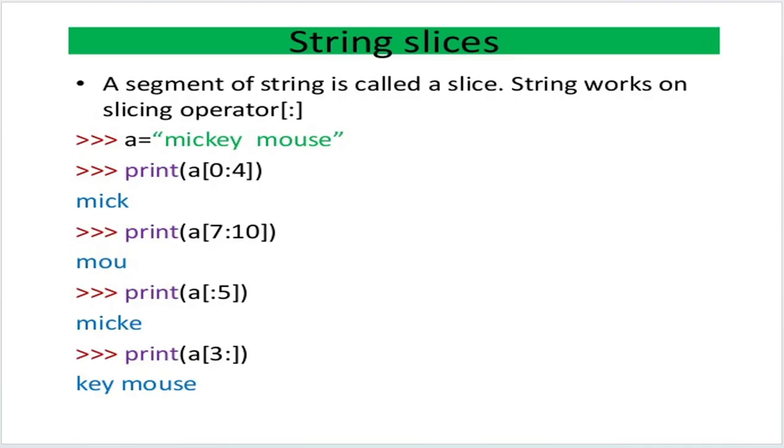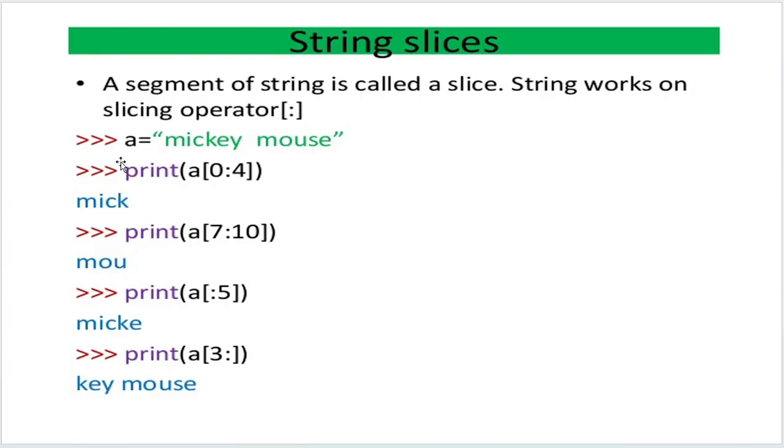As I've told you, when you take a substring from the given string, that segment of the string is called the slice. So string works with the slicing operator using the square brackets and colon symbol.